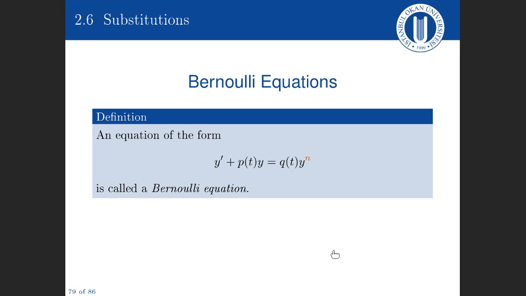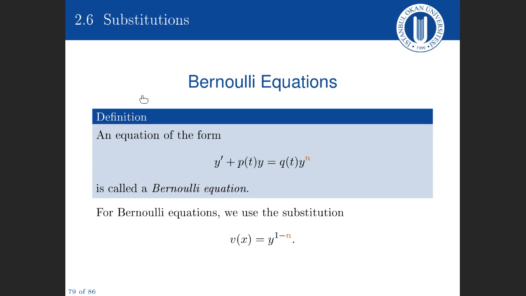The final topic for today is Bernoulli equations. An equation which looks like this: y prime plus a function p of t times y is equal to a function q of t, but now multiplied by y to the power n for some number n. This is a Bernoulli equation.